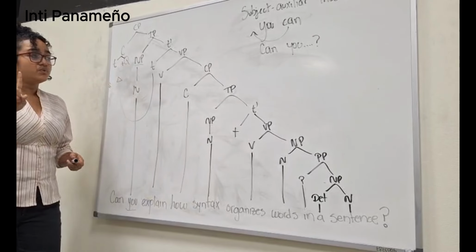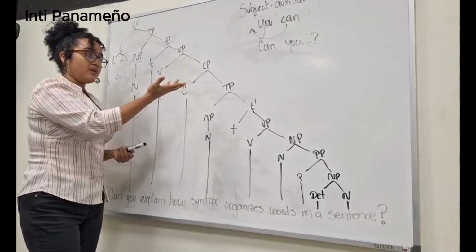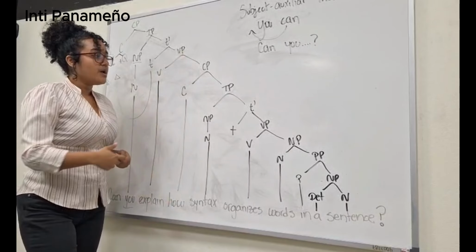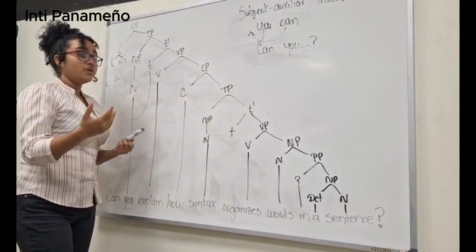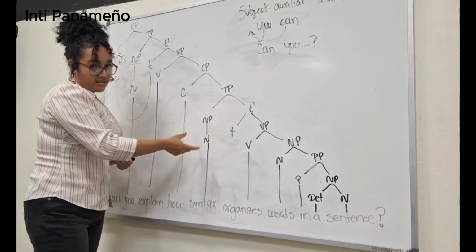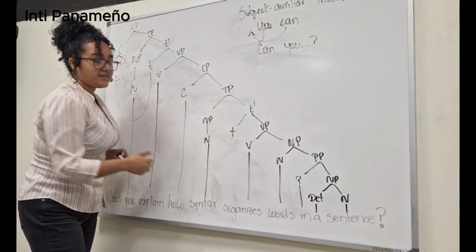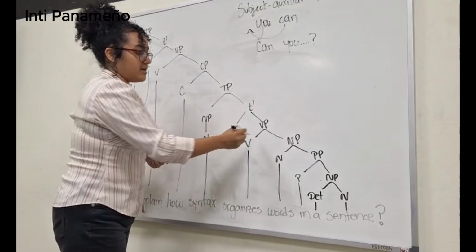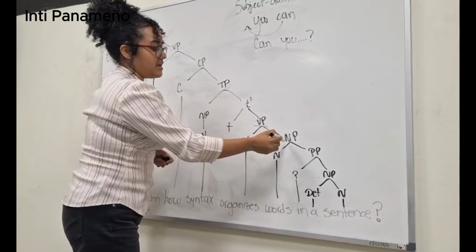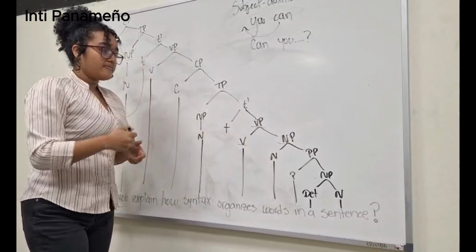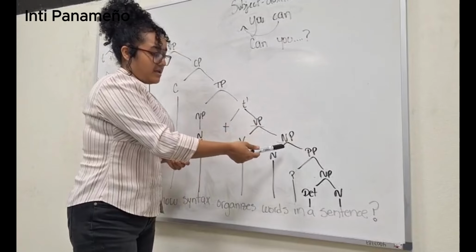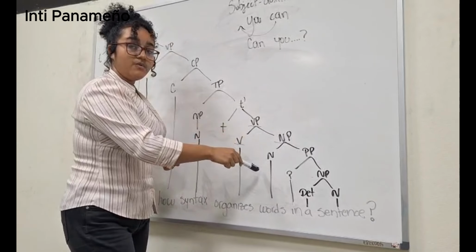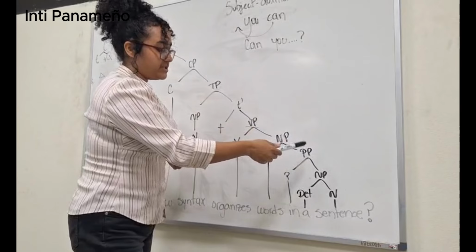So we have two clauses, and the complement phrase is divided in a word, which is in this case how, and a tense phrase, which also is divided in a noun phrase. That noun phrase is divided in a noun, which is syntax, and the verb phrase, which is divided in a verb and in a noun phrase. And then we have that the verb is organizes, and the noun phrase is divided in a noun and in a preposition phrase.